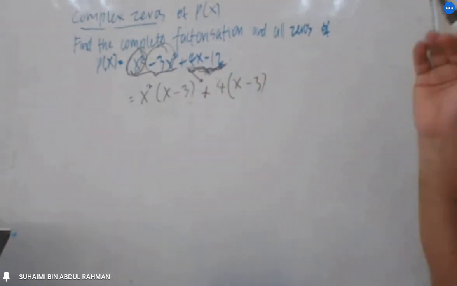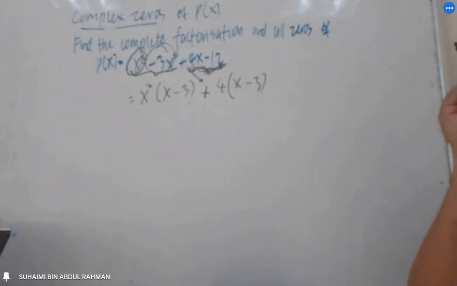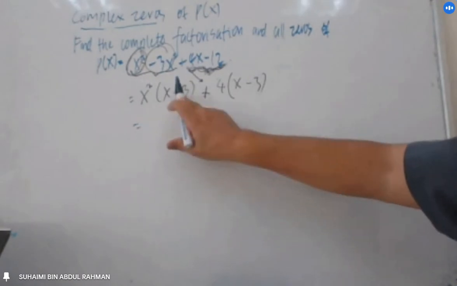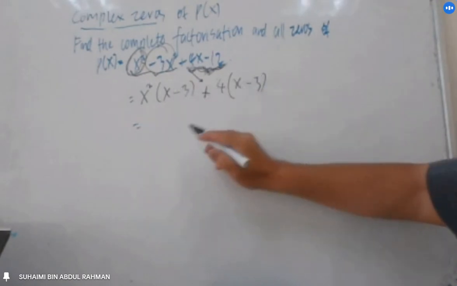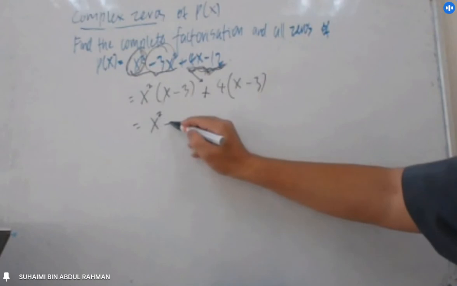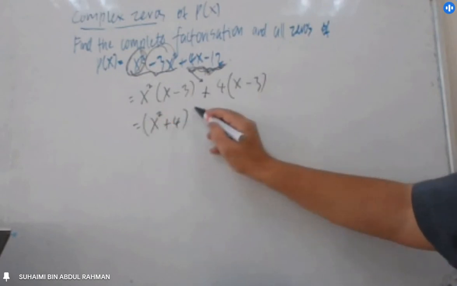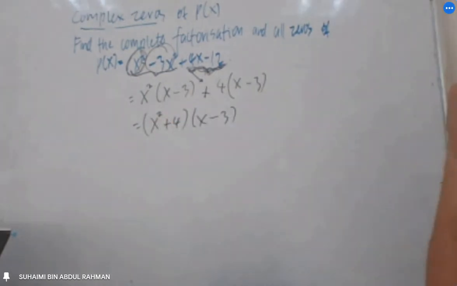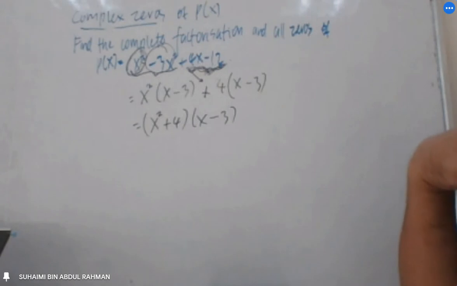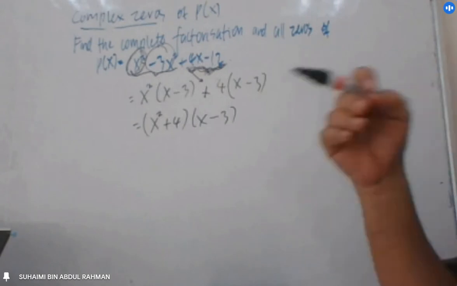So we have marked that. Since x minus 3 is the same, we can write x squared plus 4 times x minus 3. Correct.